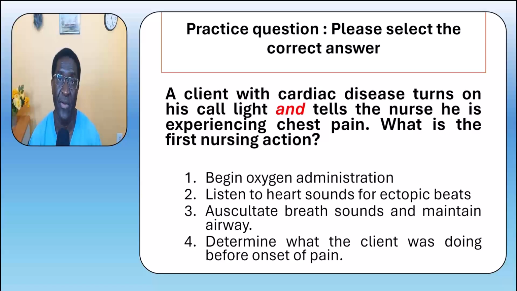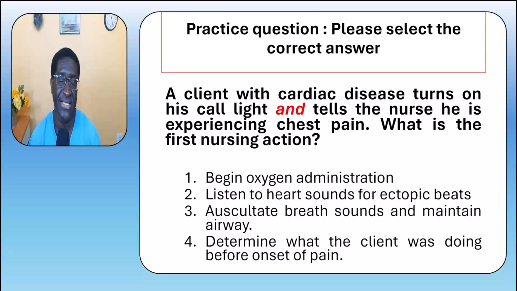That is the first part of the question. The second part that AND connects to is tells the nurse he's experiencing chest pain. So the actual question where you need to zero in has to be the second part of the question, and that is tells the nurse he's experiencing chest pain.